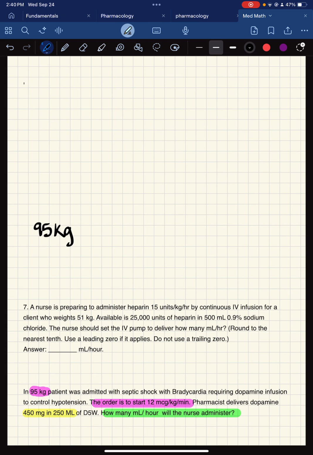Okay, so it's 95 kilograms, and we're to give 12 micrograms per each kilogram. Okay, so we're just multiplying. Let's see what that's going to give us.